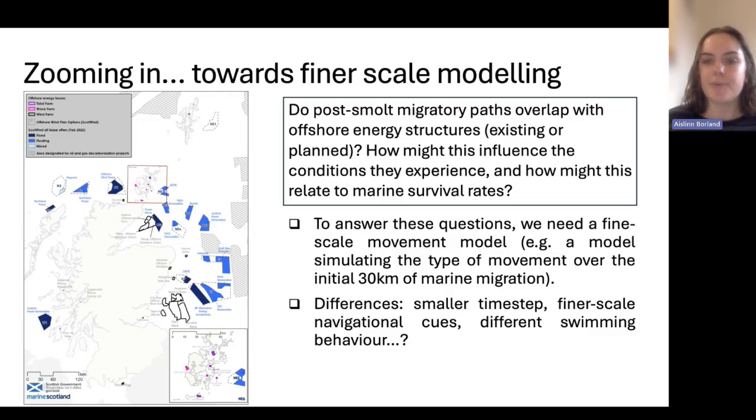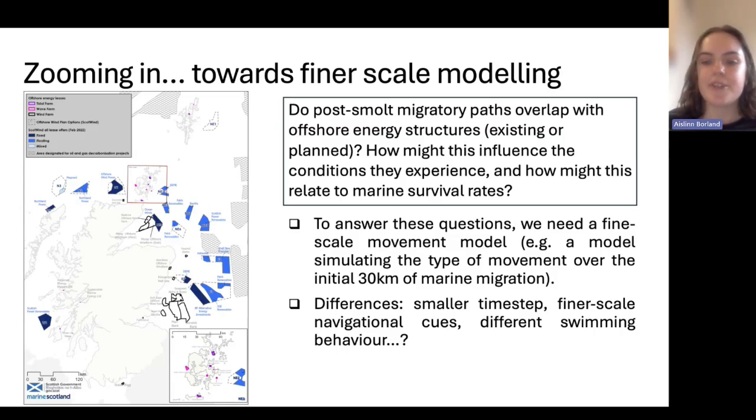If so, we might want to think about how this influences the conditions they experience and if this relates to marine survival rates. So to start to answer these questions, we need a sort of fine-scale movement model. As I mentioned before, the type of thing we would need for that initial section of the marine migration. So it's kind of an adaptation of what we already have.